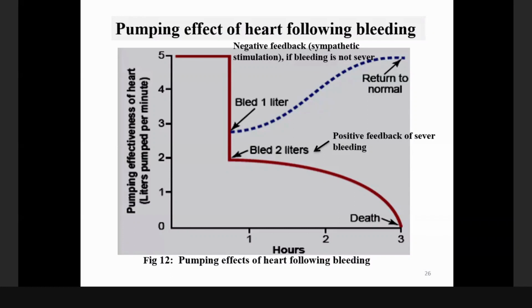For instance, if the heart rate increases following bleeding, that's very important. That process tries to save the subject. But if the beat gets less gradually, the positive feedback overrides the negative feedback, and that's very dangerous. Okay, so this is a disadvantage. One disadvantage.